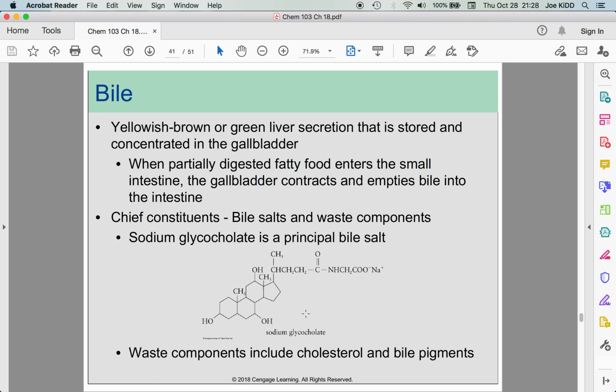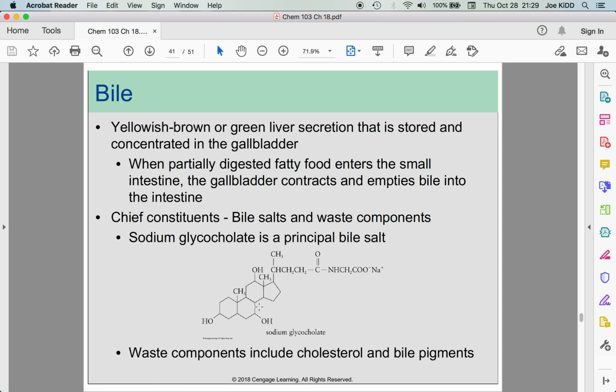Another steroid, again, so you can see we have significant amounts of decoration going on here, would be bile. Bile is the yellowish, kind of greenish secretion that's stored in the gallbladder. So if you have gallstones and have a gallbladder removed, you are going to have greater difficulty digesting different types of food, particularly very fatty foods.